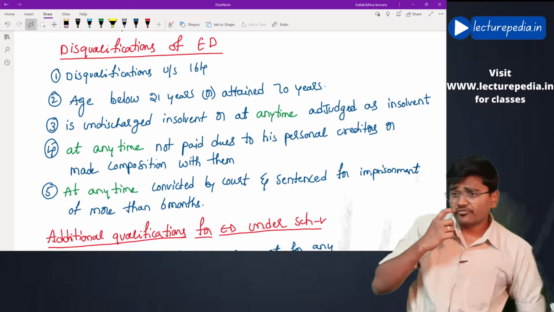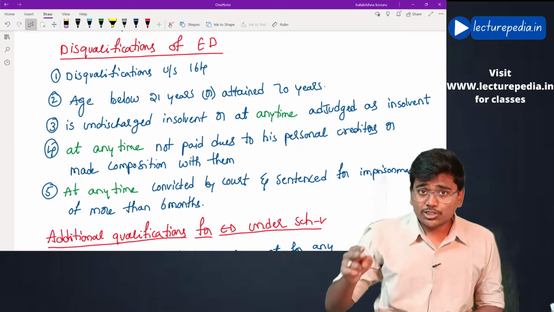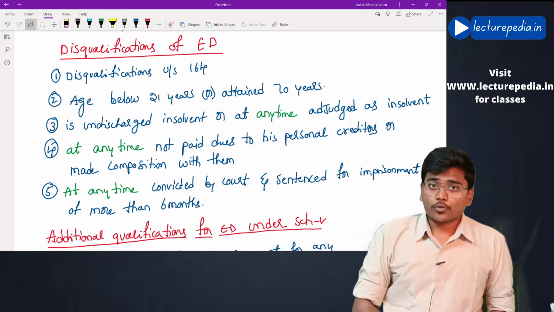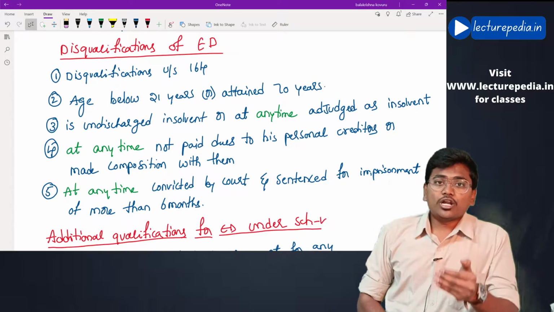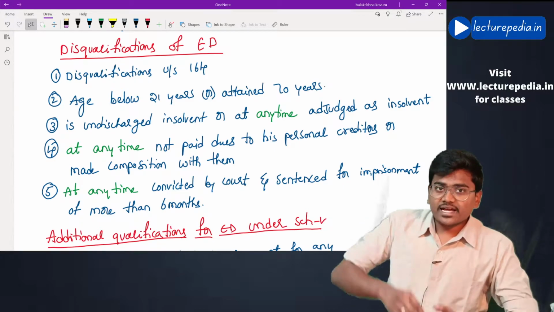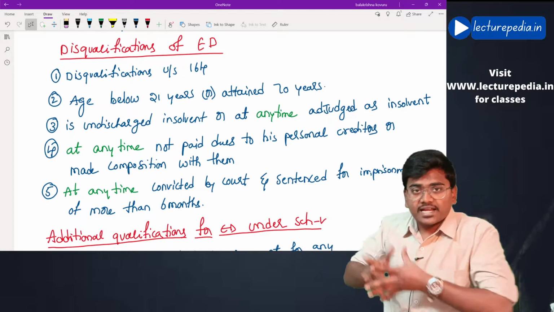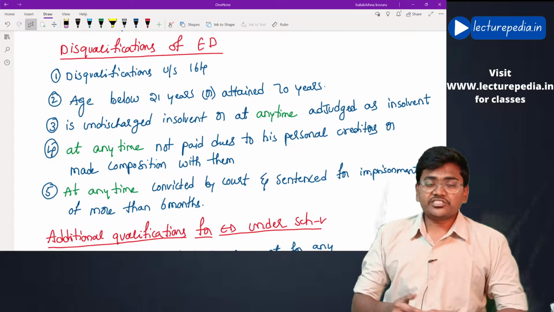The first disqualification is the person whom you are going to appoint as an executive director must not be disqualified under section 164. Okay. Under section 164, there are disqualifications for normal director. If he is not eligible to be appointed as normal director itself, how can he be eligible to be appointed as executive director?